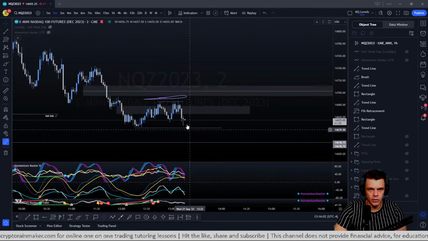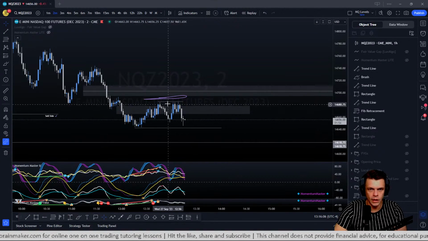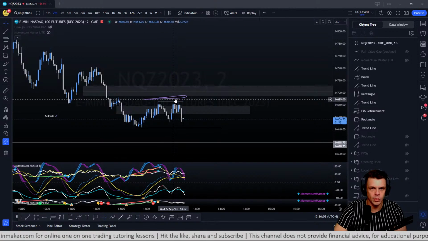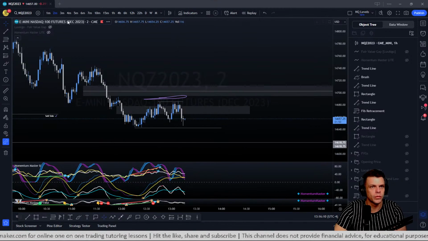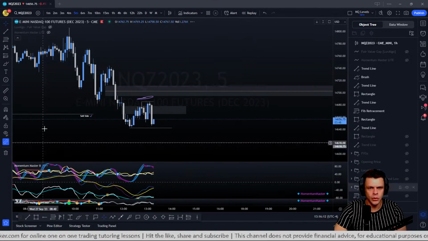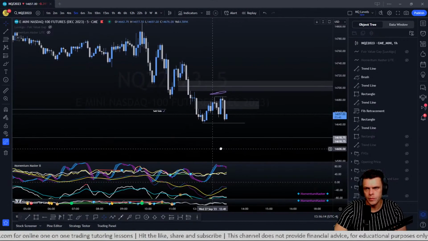The 2 minute could just gravitate towards this area and then move to the upside and knock out the liquidity above these highs, reprice, and then move to the downside. That's the read that I'm getting right now.